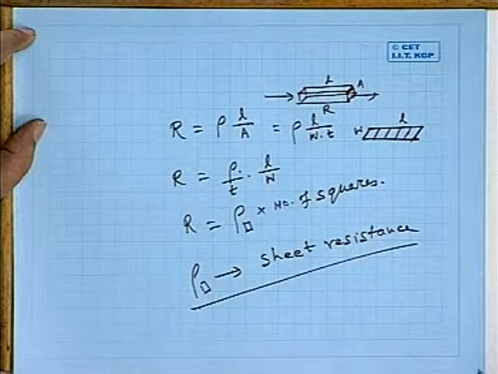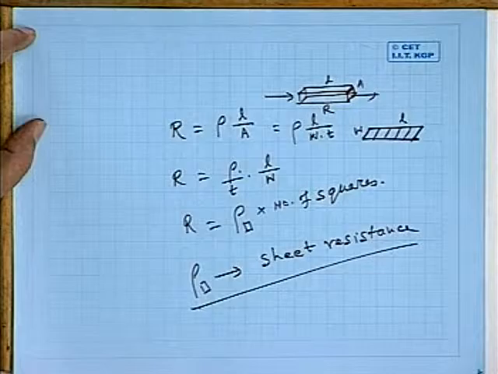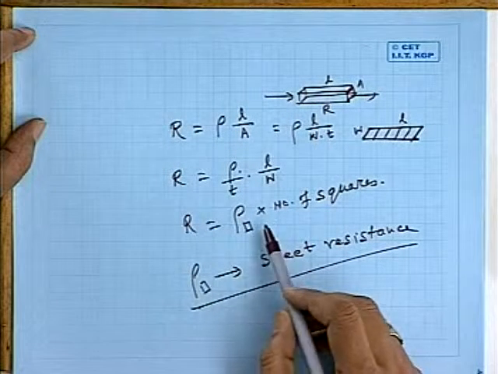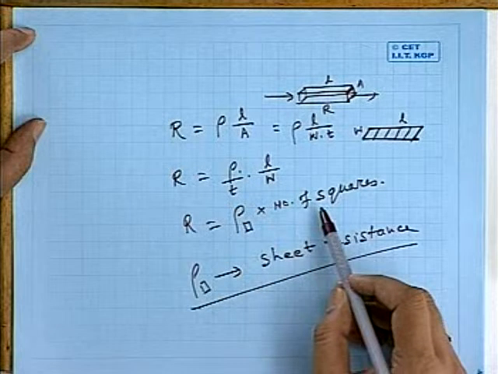Okay. So now the total resistance value we can get is the sheet resistance multiplied by the number of squares.